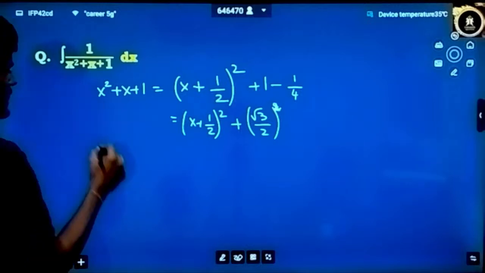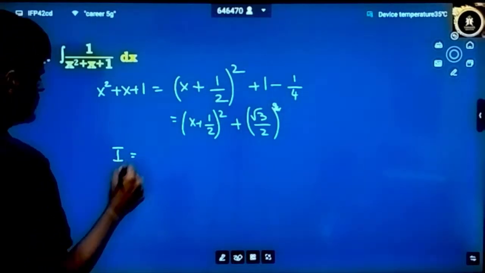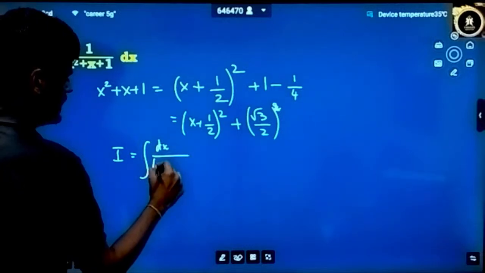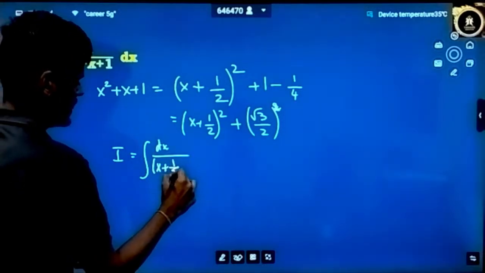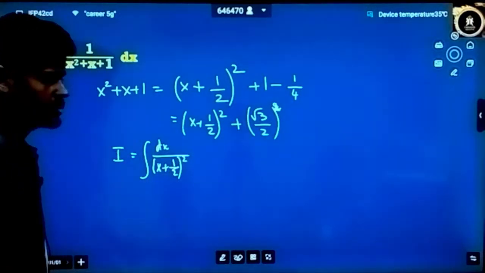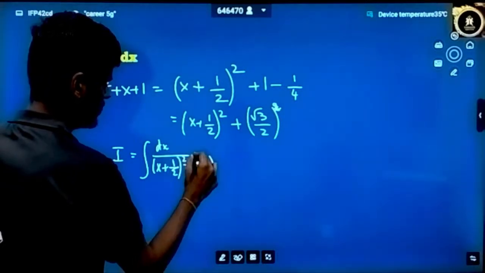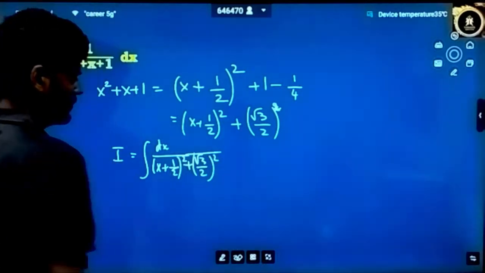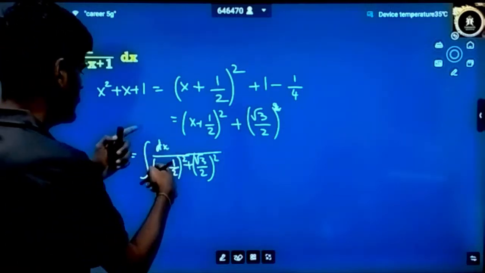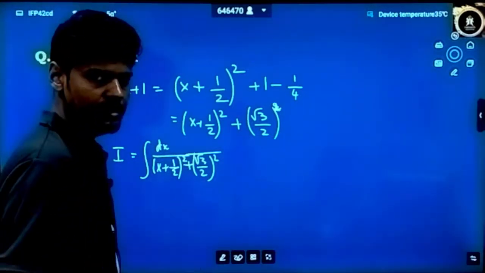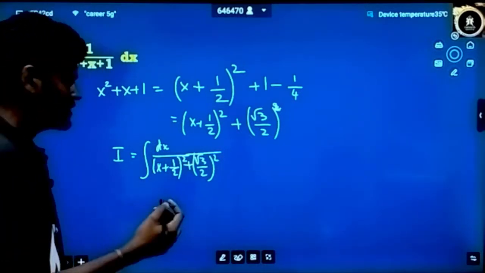So the integral becomes I equals integral of dx by x plus 1 by 2 whole square plus root 3 by 2 whole square. Okay. Now this is of the form dx by x square plus a square. So what is the formula? 1 by a tan inverse x by a.